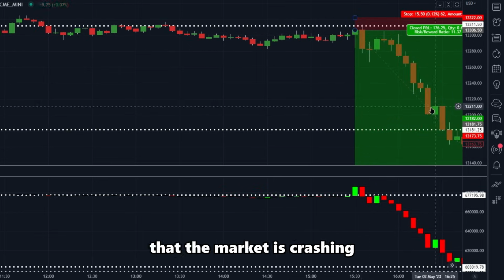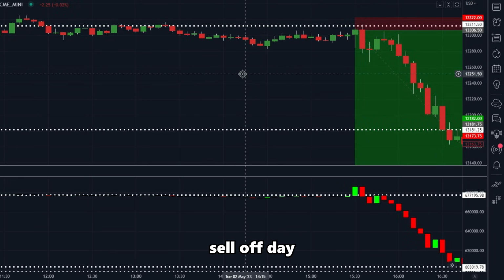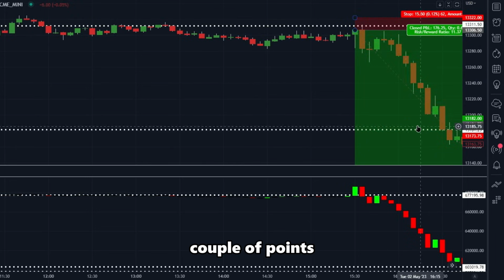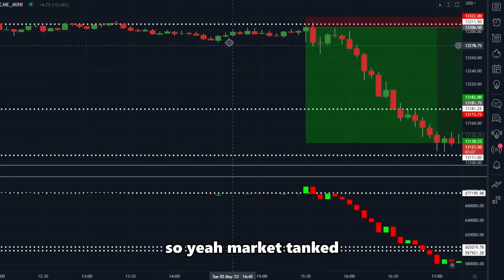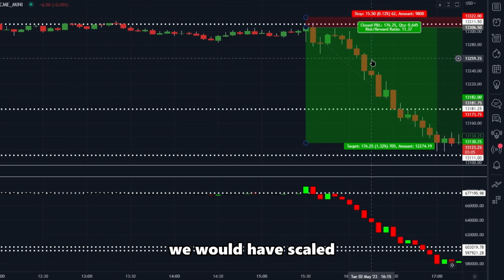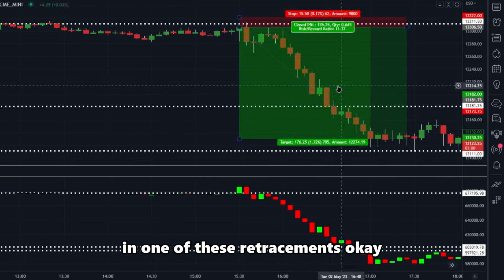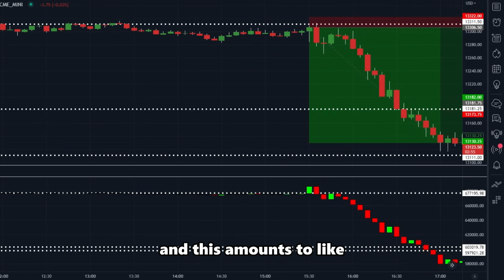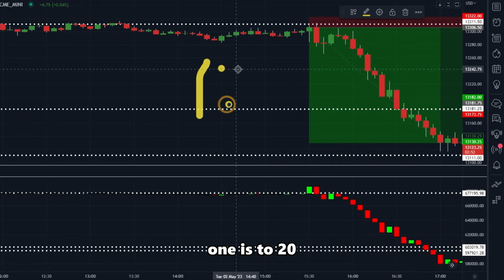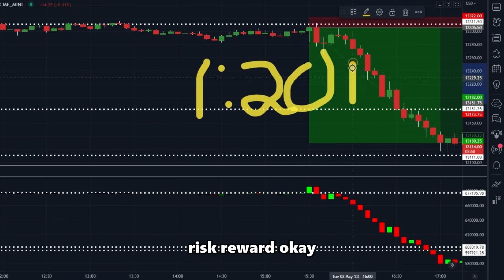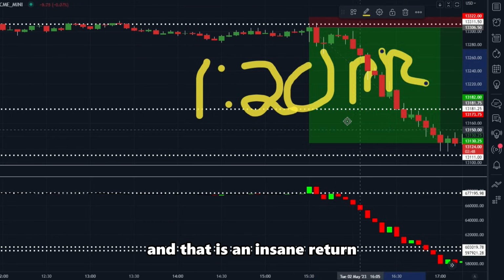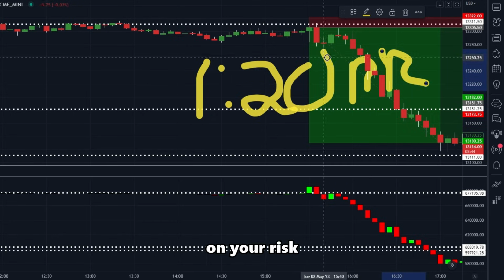People were panicking that the market is crashing, but it's just a sell-off day. There's no crash in a couple of points. So yeah, market tanked. Okay, we got in. We would have scaled in on one of these retracements. And this amounts to like 1:20 risk reward. And that is an insane return on your investment, on your risk.